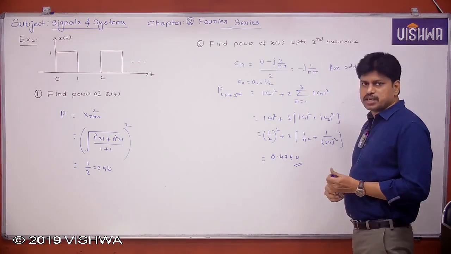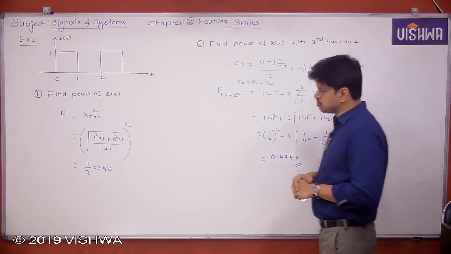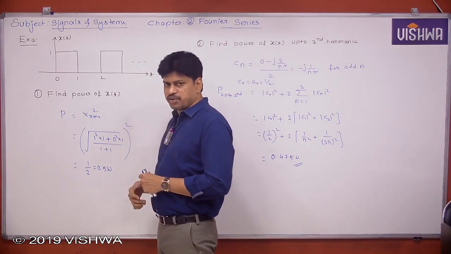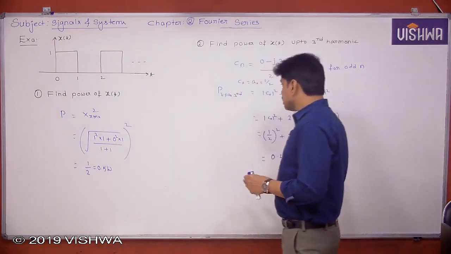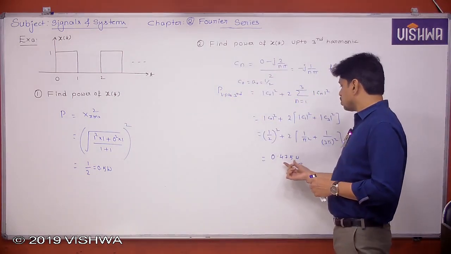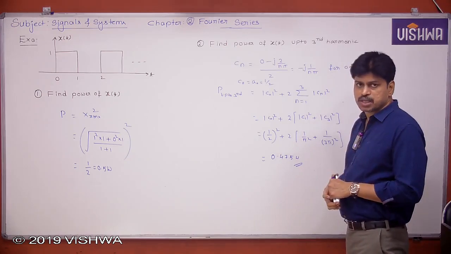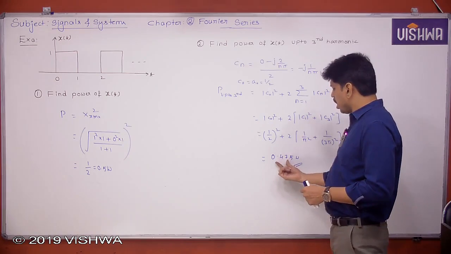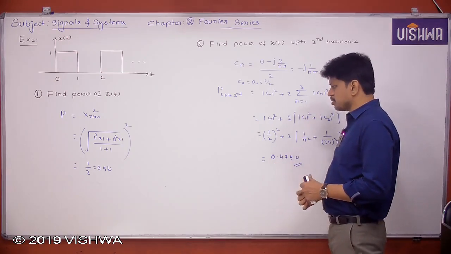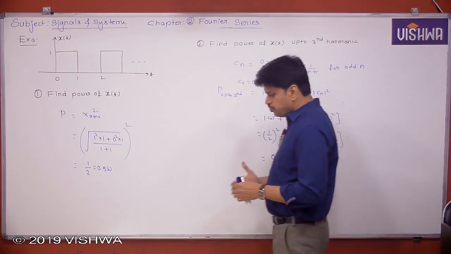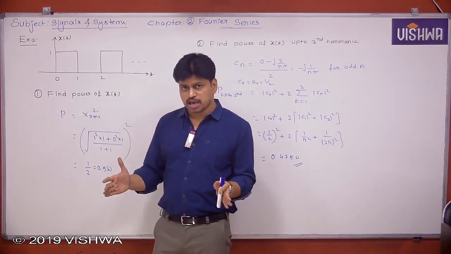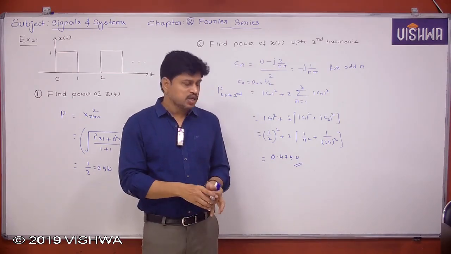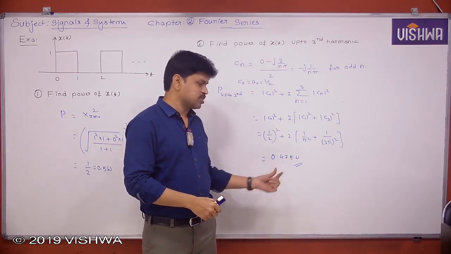Now one very interesting point I want to discuss: the total power is 0.5 watts, but the power up to the third harmonic is 0.475 watts. From this I can conclude that even up to the third harmonic we have almost 95% of the power. If you consider lower harmonics up to the third harmonic only and leave every harmonic after 3, you still contain 95% of the power.